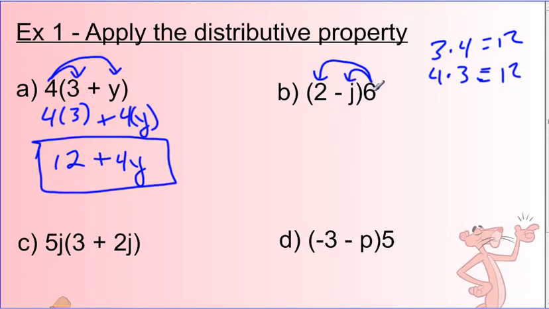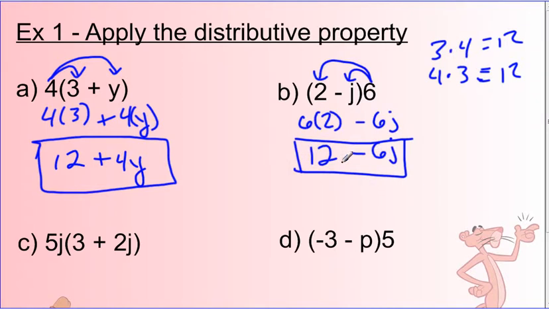So this gives us 6 times 2. I'll write this one out. This is the last I'm going to write out. 6 times 2 is 12 minus 6 times j is minus 6j. Okay? Now, you do not need to write this step, which is why I said that's the last problem I'm going to write out.